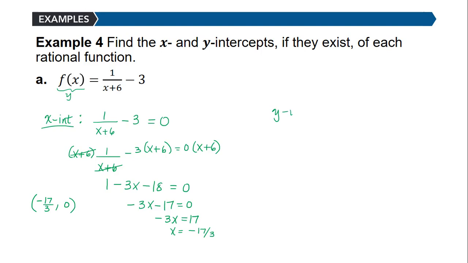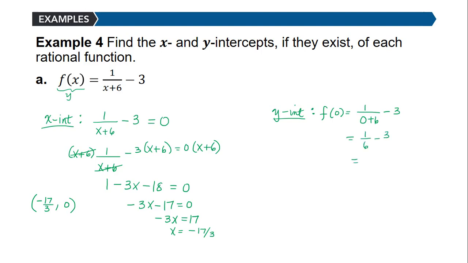Our y-intercept is found by replacing x with 0. That is, we find f of 0, and get 1 divided by 0 plus 6, minus 3. So this is 1/6 minus 3.